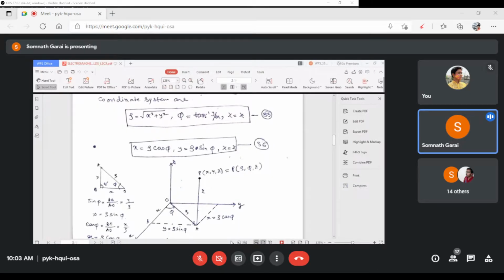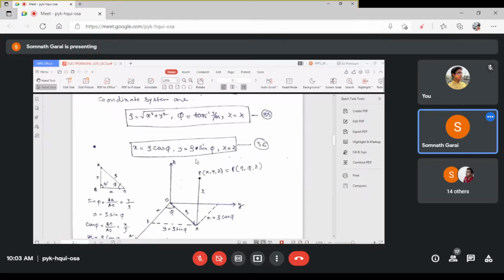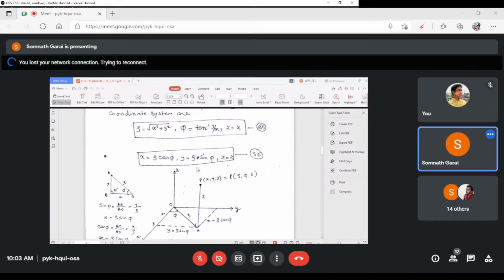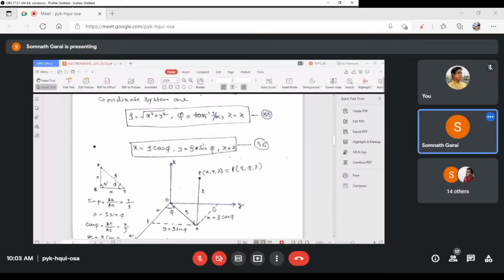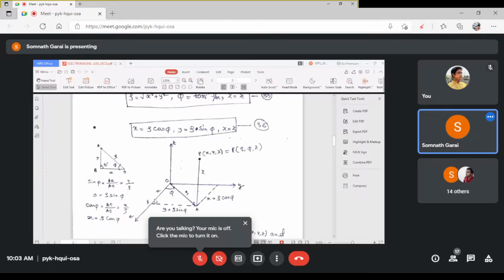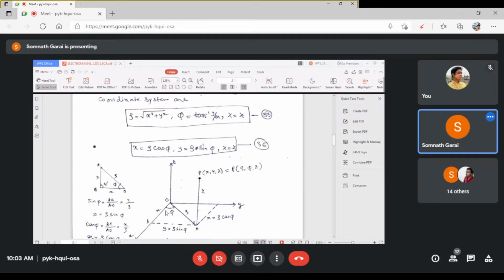Okay, next, if we consider this is a right angle, then phi is represented by tan phi is equal to y by x. So phi is equal to tan inverse y by x, right?